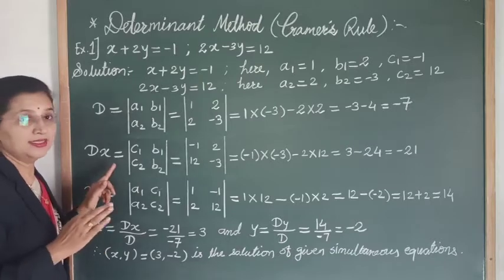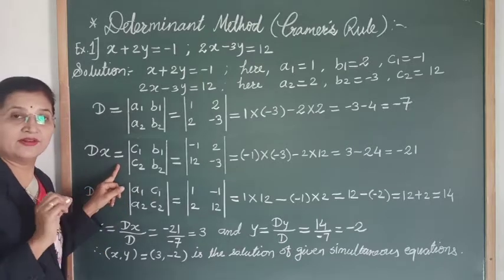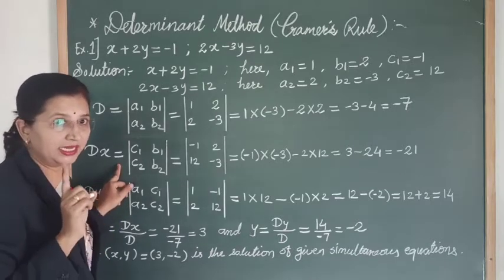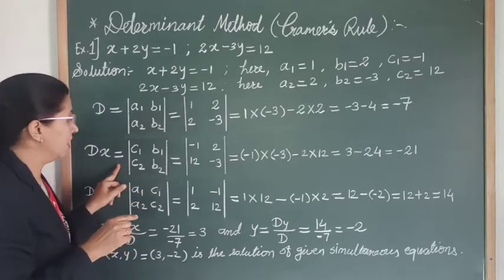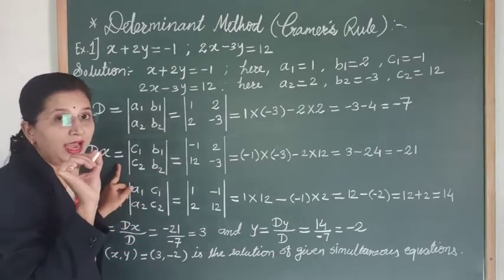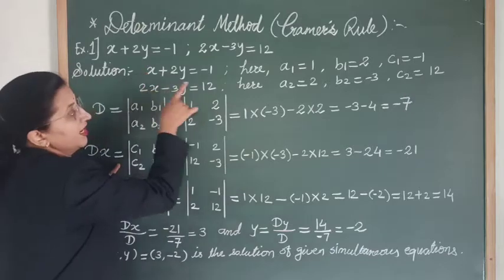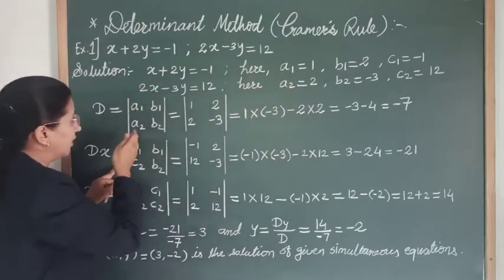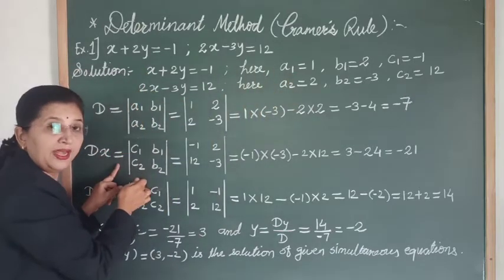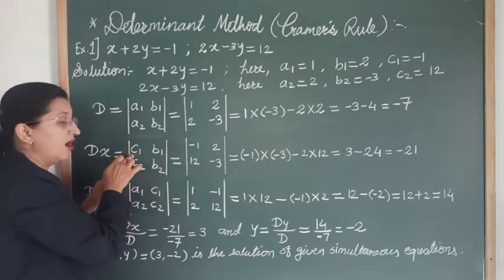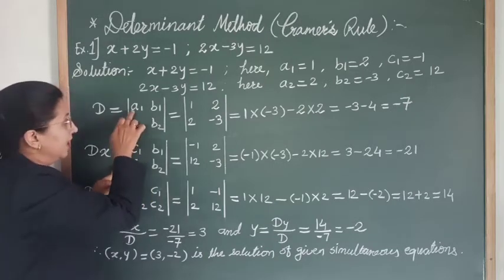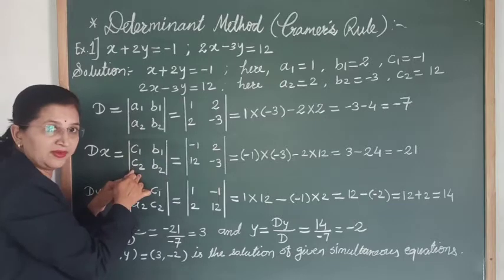As I told you, while finding the value of determinant dx, we have to replace the coefficients of x. What are the coefficients of x? a1, a2. So that column we have to replace by the values of c1, c2.